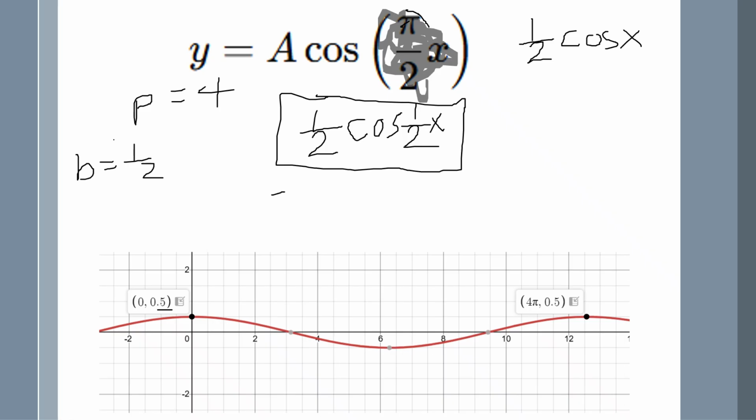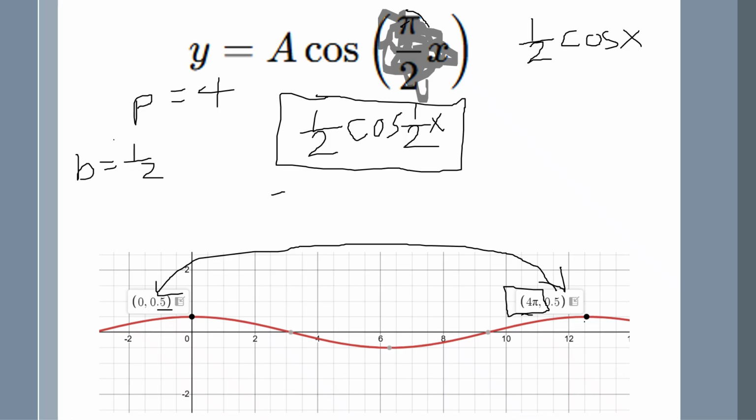And we notice that when we put this in decimals right here, our period is 4 pi, because that's when our y value of 1/2 starts over again. Remember, when it starts at 0.5, that's our starting point. It has to end at 0.5. So your amplitude starts at 0.5, and it must end at 0.5.